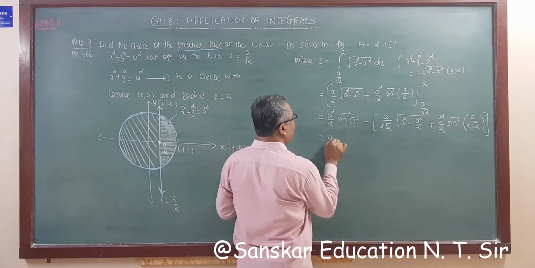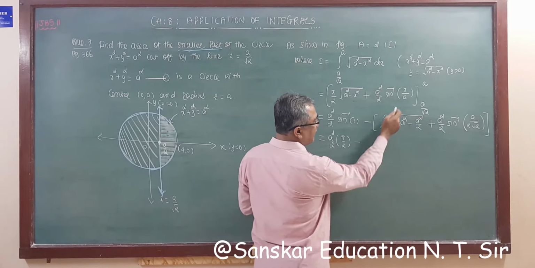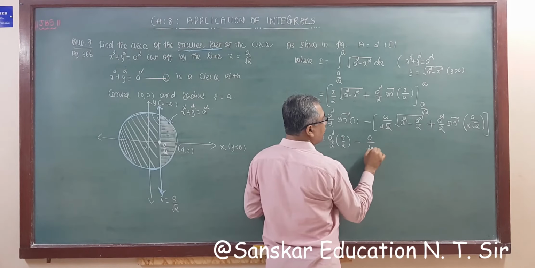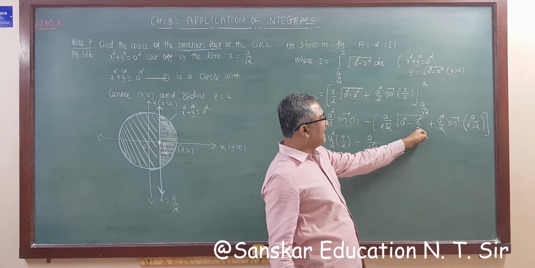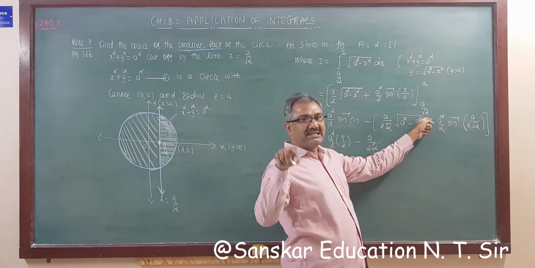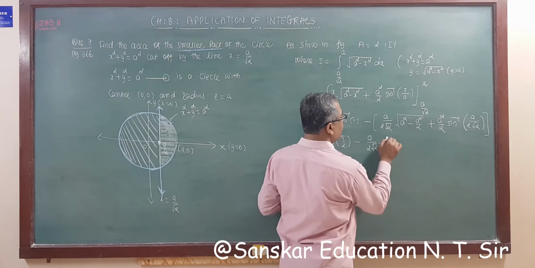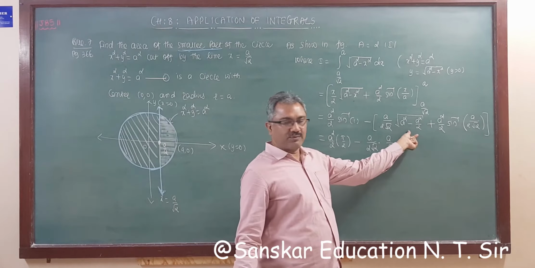So we get a square by 2 into pi by 2 minus, this is a upon 2 root 2. Now if we take LCM, then 2a square minus a square is a square. So a square root is a, and this is 2, that is root 2 upon root 2, right?